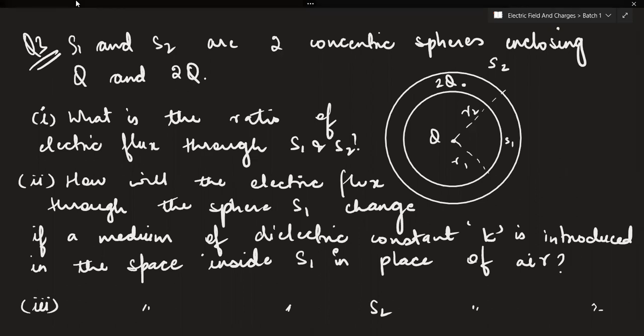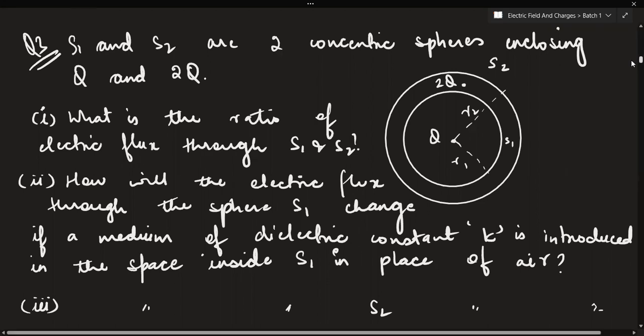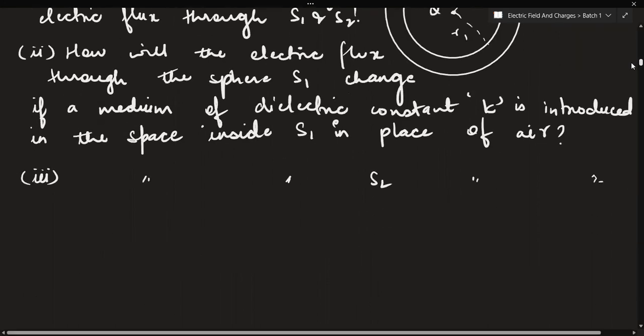See class, it says that S1 and S2 are two concentric spheres, R1, R2 radii given, Q and 2Q are the charges. What is the ratio of the electric flux through S1 and S2? Electric flux is easy.